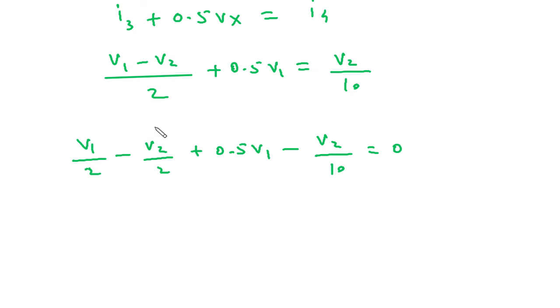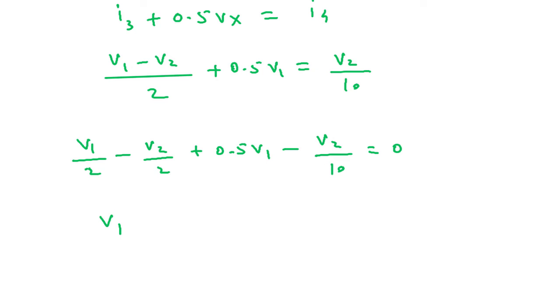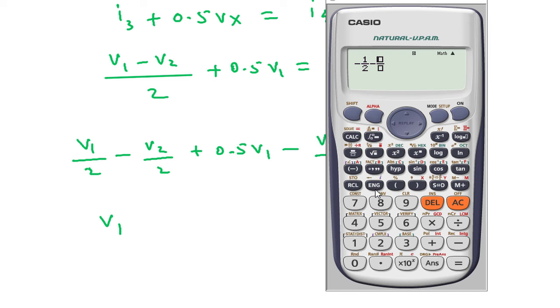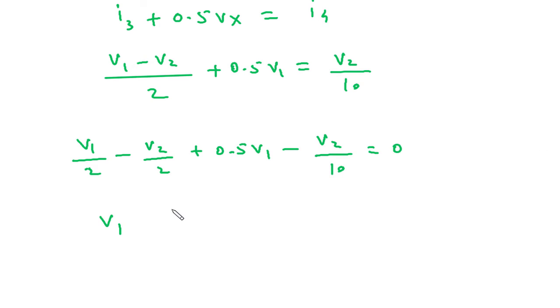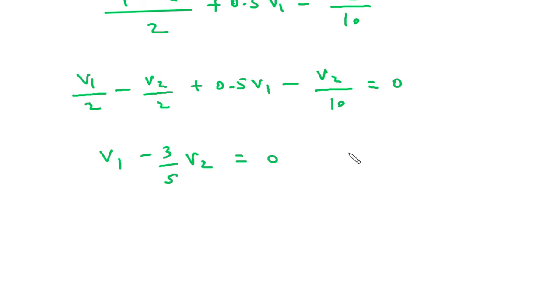So this will be 1 by 2 plus 0.5 will be V1 and this will be minus 1 by 2 minus 1 by 2 minus 1 by 10 minus 1 by 10. This will be minus 3 by 5. Minus 3 by 5 V2 is equal to 0. So let's say this is equation number 2.